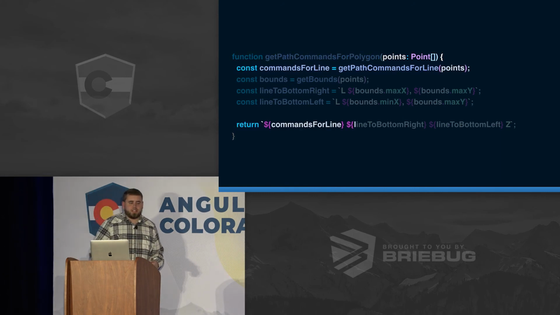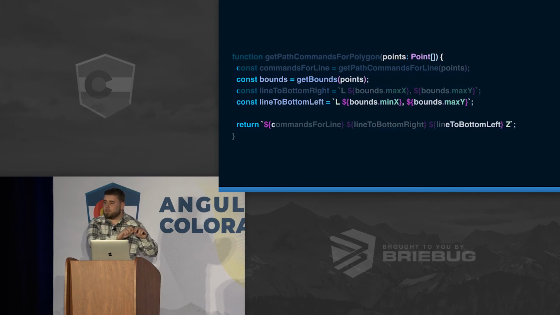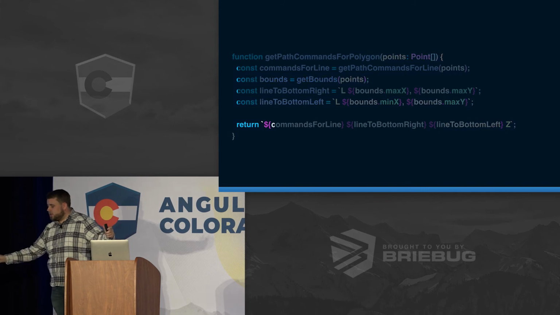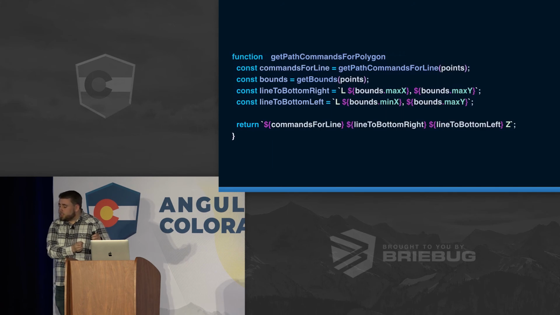Then I'm going to use my getBounds utility to find my minimum and my maximum x and y's, and I'm going to use them to draw two lines. The first is, so I've drawn my line through all of the points. Now I need to draw a line to my bottom right, and then a line to my bottom left. That will close off the polygon, or get me close enough, so now I can use the Z command to close it up.